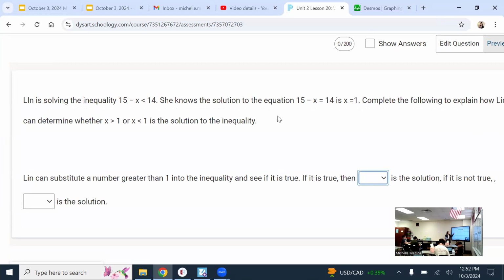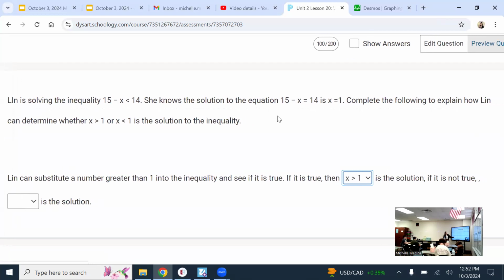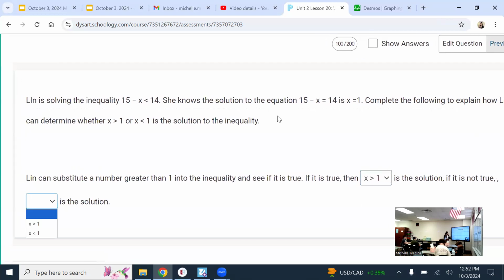So if she plugs in a number greater than 1 and it's true, then that one must be the solution, the one that says x is greater than 1. If it's not true, then the other one has to be the solution, the one that says x is less than 1. That's what you would do.